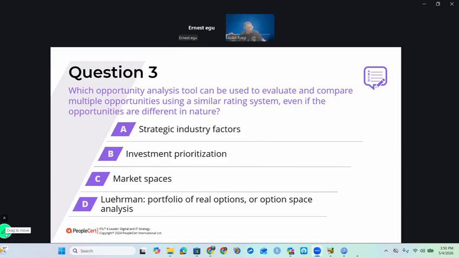What do we need to do? We need to select one project to be completed or executed first, right? And we have to measure all the 5 projects against a standard rating system. Which one would you select? All of them are aligned to the business strategy. Some have more contribution, some have less.